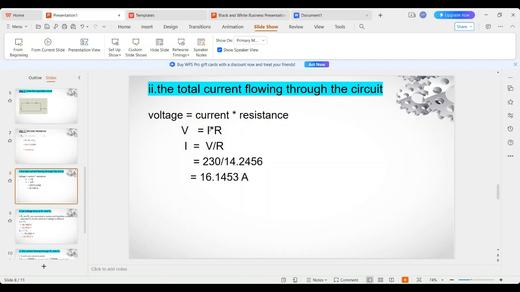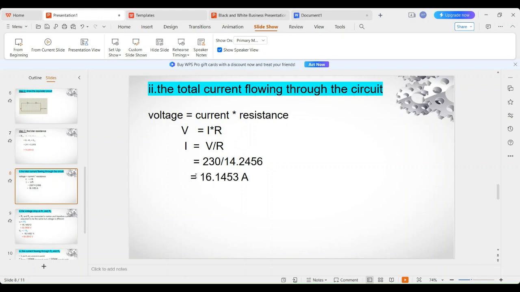We shall remain with I is given by V over R. And from our previous slide, we have seen that the supply voltage is 230 volts. That is our V. And our total resistance is 14.2456.